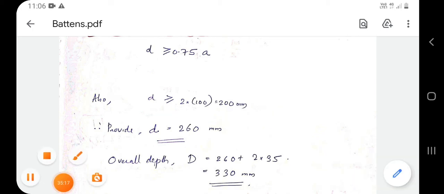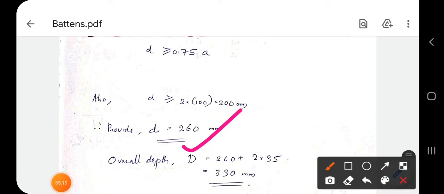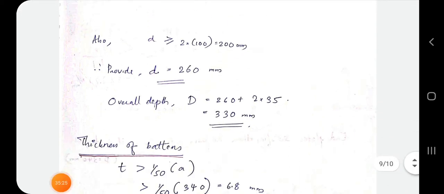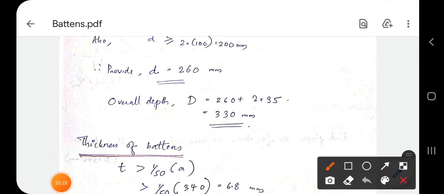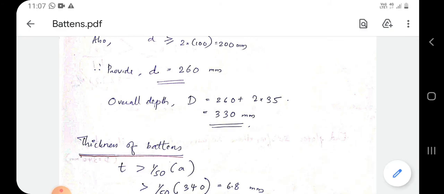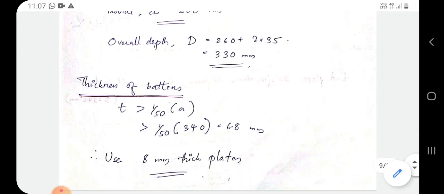We are providing D equal to 260 mm, which is greater than both these conditions. So the overall depth for intermediate battens is equal to 260 plus 2 into 35, which is 330 mm. So overall depth for both cases is found out.